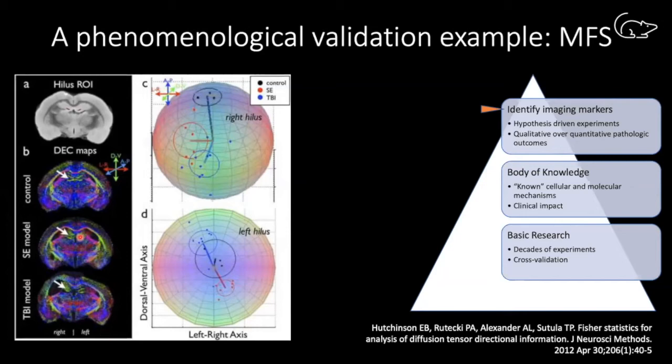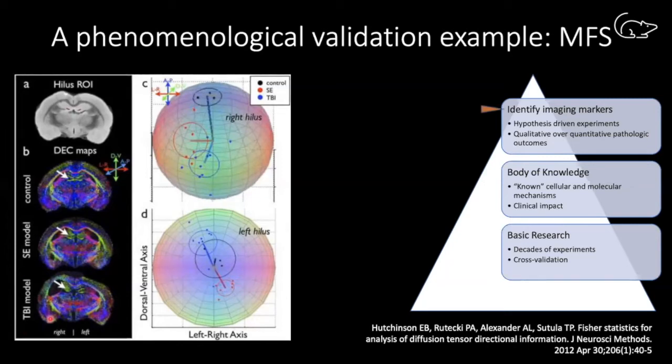And so this is something we saw, again, about a decade ago, which is that unlike control hippocampus, there's this orientation change in the hilus of animals following kainic acid administration. So this is a pure epilepsy model, but also following TBI.